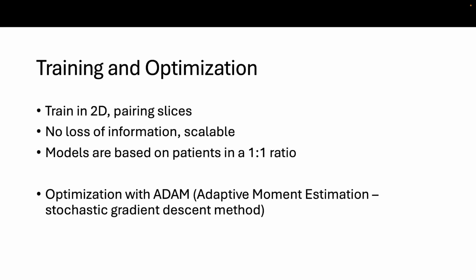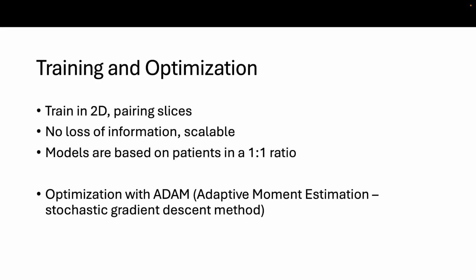So training and optimization. Some of you may see Adam, adaptive moment estimation, or SGD. We've seen some of that in TensorFlow and in class, especially gradient descent. Basically, training and optimization is done on 2D paired slices.